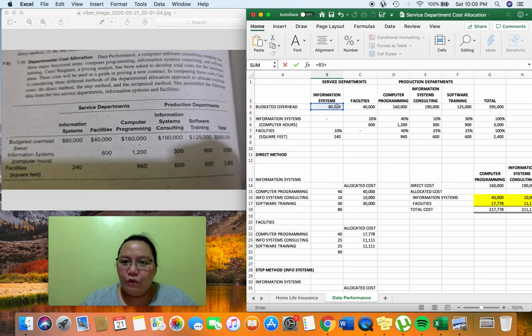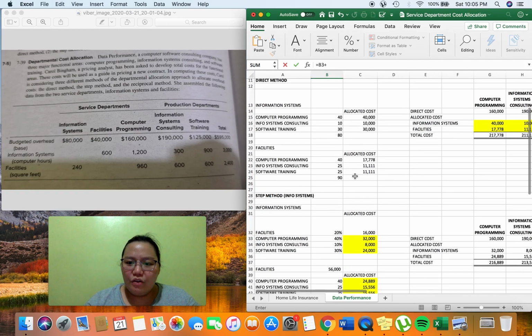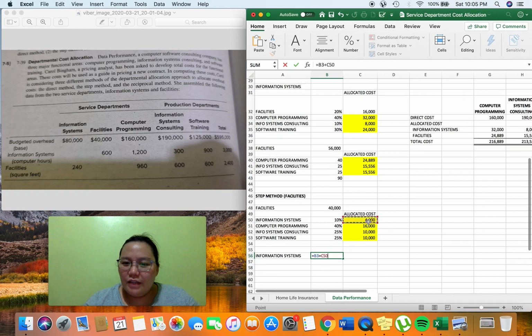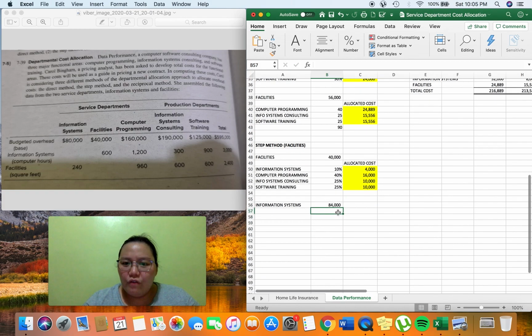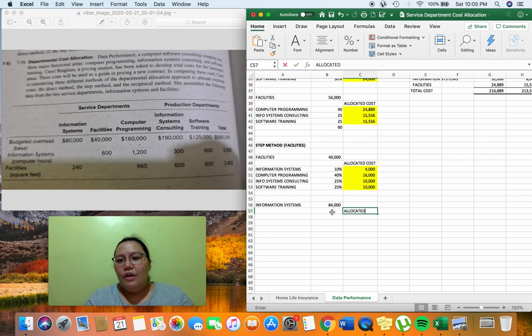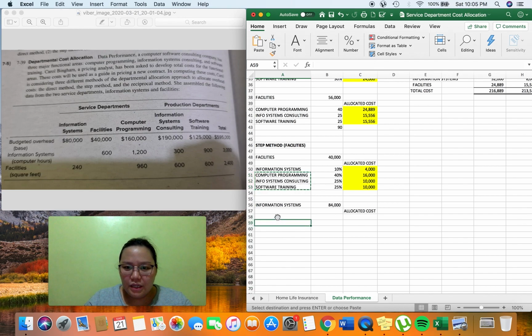So, therefore, yung direct cost niya na 80,000 plus the allocated cost of 4,000. The total cost of the Information Systems Department right now is equal to 84,000. Okay? So, this time, we copy this kasi sa mga production department na lang natin siya pwedeng i-allocate. Hindi na pwede ibalik kay facilities yan.